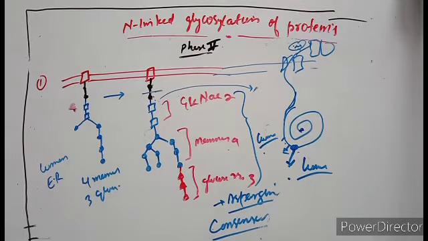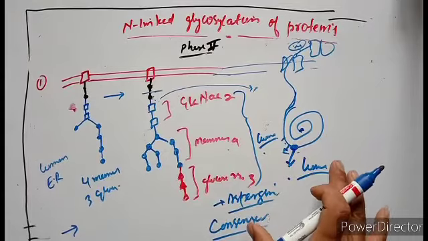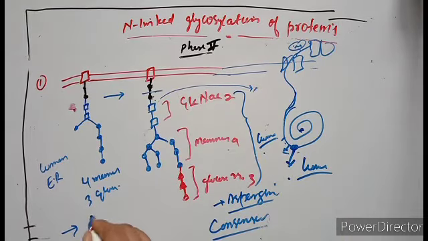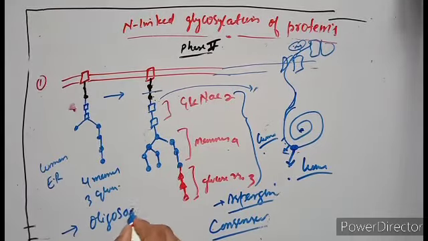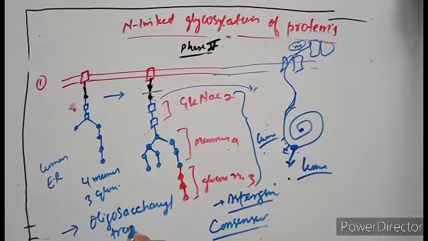Oligosaccharyl transferase is the enzyme responsible for the recognition of the consensus sequence and transfer of the precursor glycan. तो जब ये तीनों कंडीशन फुलफिल होंगे तब एंजाइम है, दैट इज द oligosaccharyl transferase.